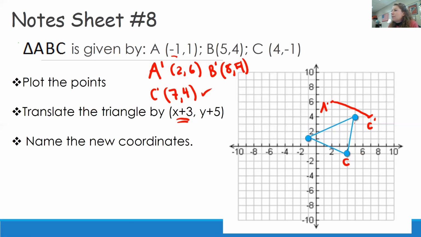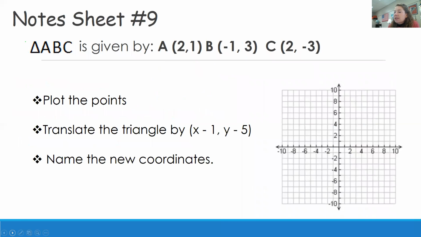I would go from here, right 3, 1, 2, 3, up 5, 1, 2, 3, 4, 5. And I land up here at 8, 9. Okay, so that's how the rules work for transformations.